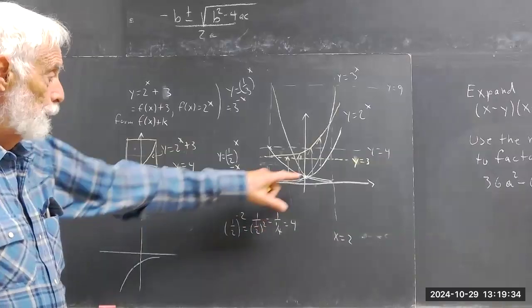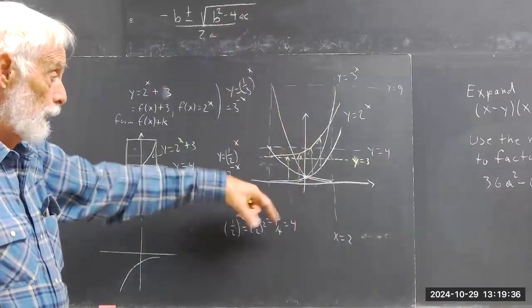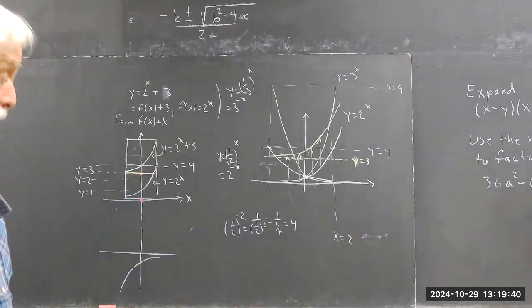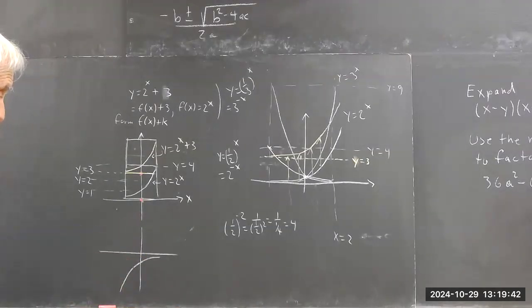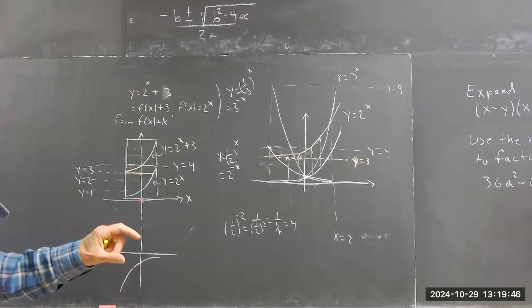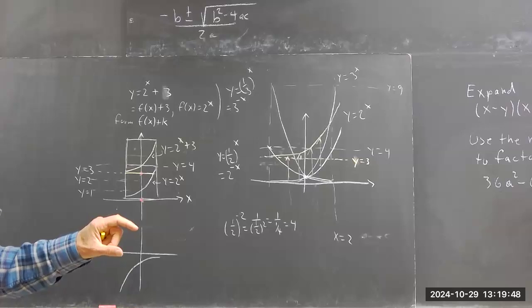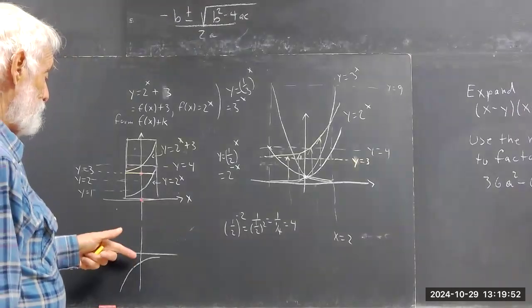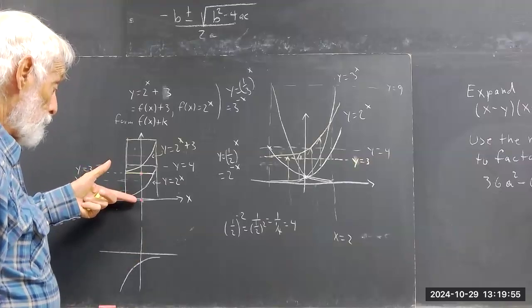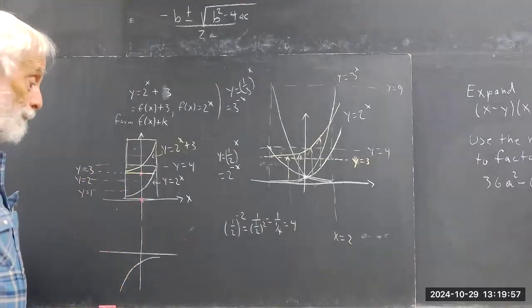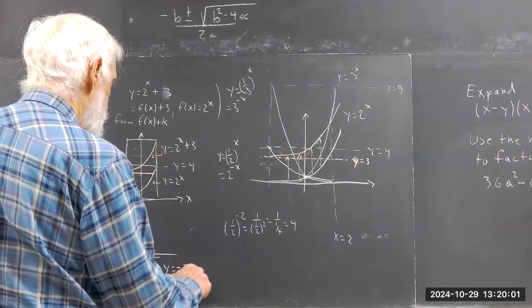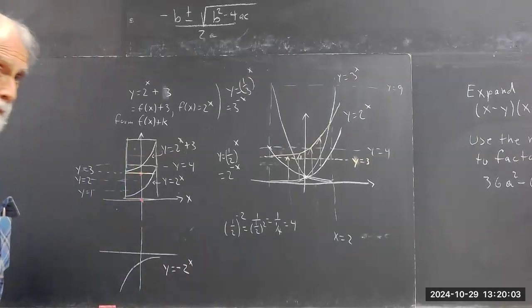If we get this one from the 2 to the x shape, or the 3 to the x shape, we'll go with the 2 to the x shape. So what did we do? We flipped it upside down. How do you flip something upside down? Well, y coordinates that were positive now become negative, right? That means you have y equals negative 2 to the x.